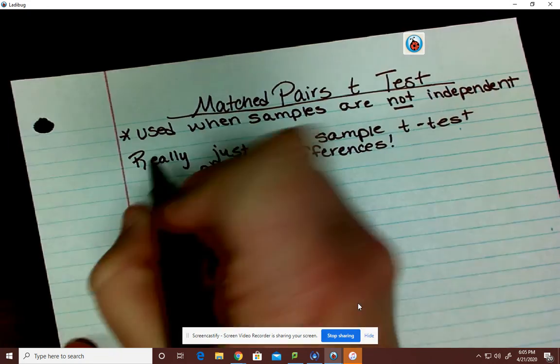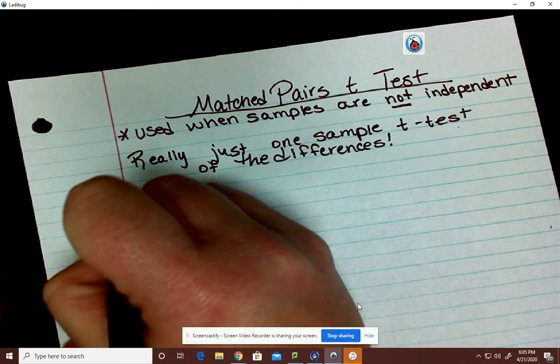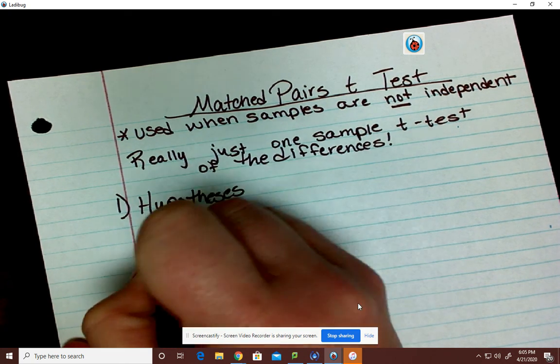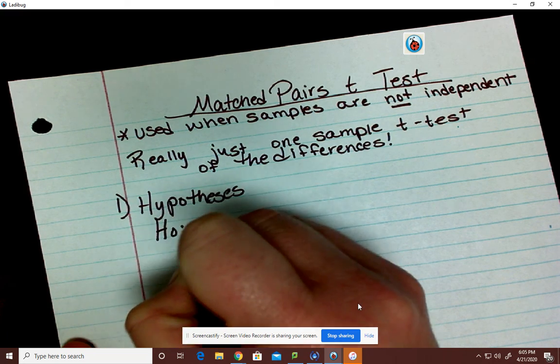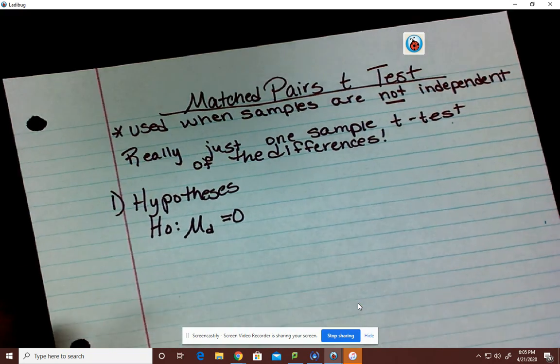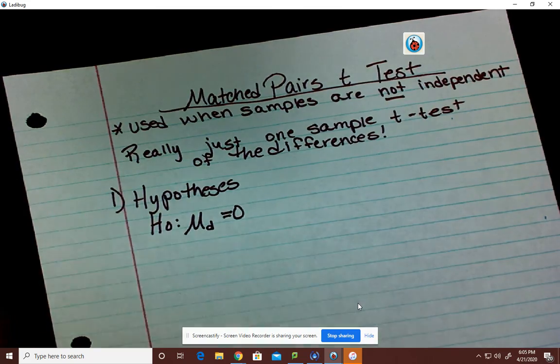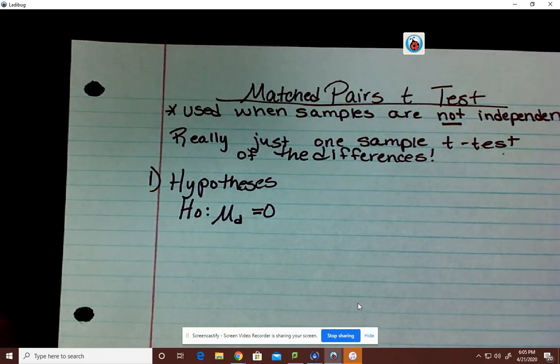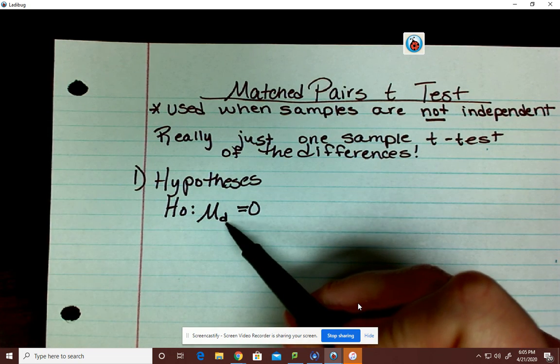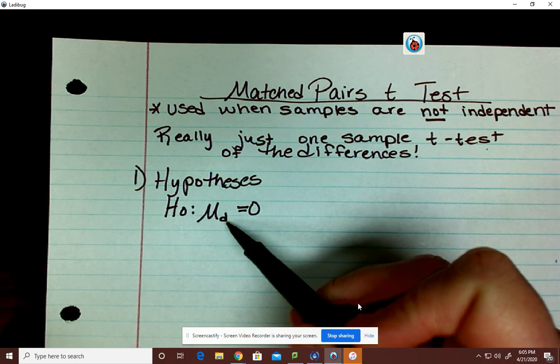All right, so how do we write our hypothesis? Because that's how we start every time. All right, so this one's a little bit easier. We don't have to pick a number to put in there when you do a matched pairs t-test. Okay, so it's going to be mu sub d, d meaning difference, equals 0.